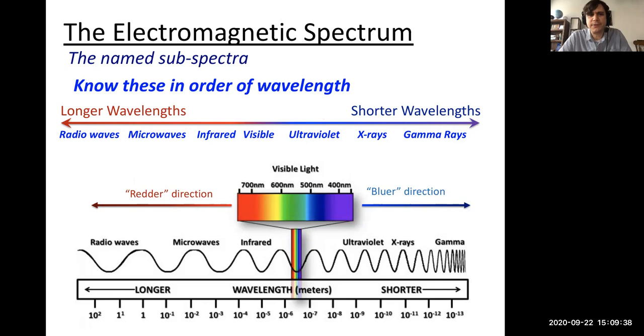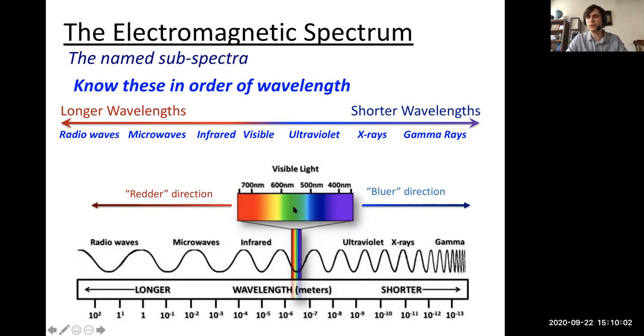And one last thing before I end this video, a little bit of weird astronomy language. The way that astronomers talk, we assign a directionality to the electromagnetic spectrum based on the spectrum that we can see, visible light. So let's just plunk ourselves right down the middle of the visible light spectrum here in green light.